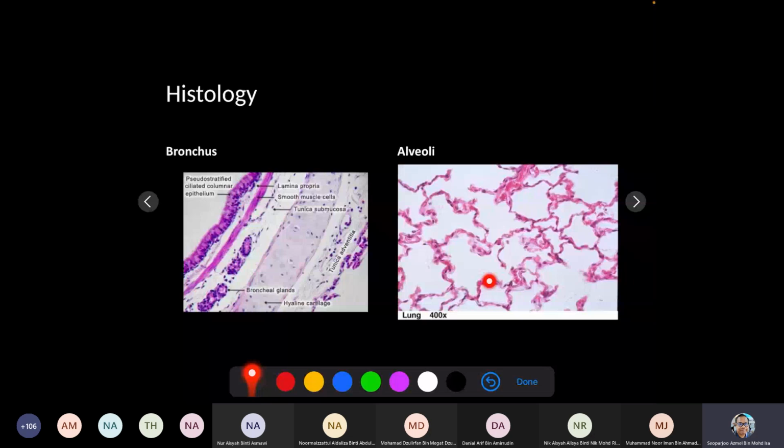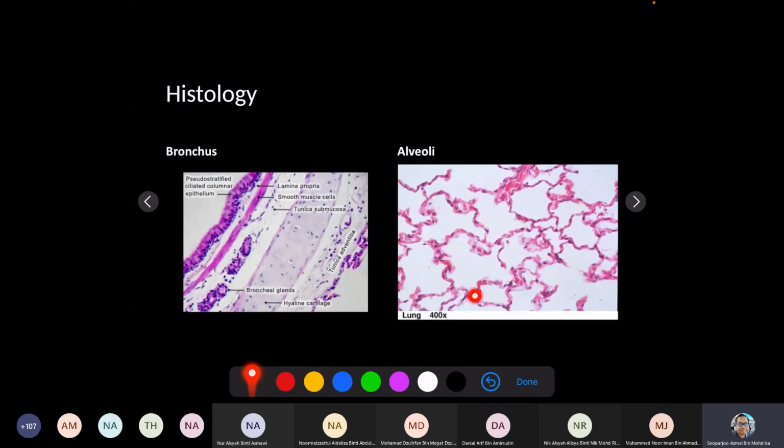It doesn't look as nice as in the anatomy textbook or illustrations, but this is what real alveoli look like. It's a bit distorted, not a nice round shape like in the illustration.